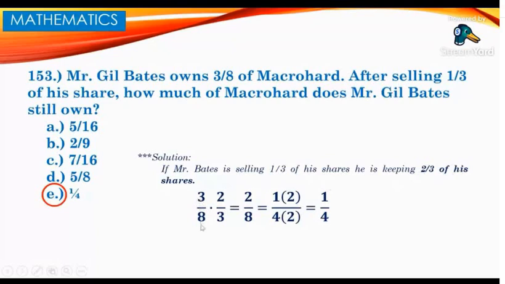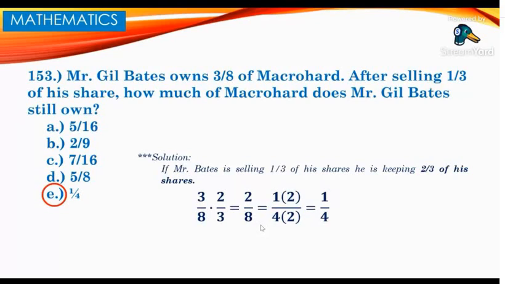So 3/8 times 2/3. Of means multiplication, so operations natin sa keywords. So 3/8 times 2/3, and then we multiply, that is equal to, okay, ano yung ginawa natin dito? We didn't multiply. When we multiply fractions, we multiply numerator to numerator and then denominator to denominator.